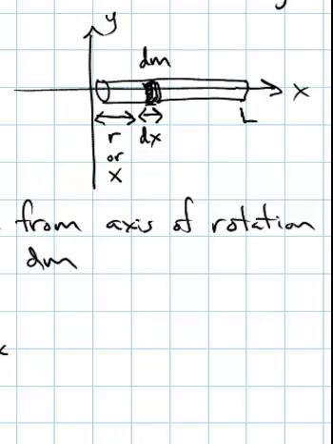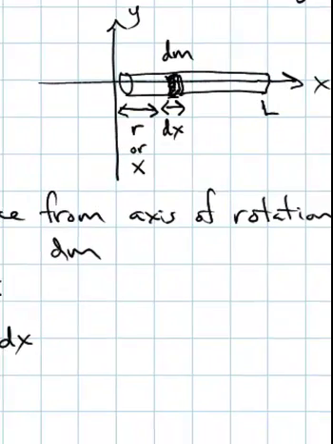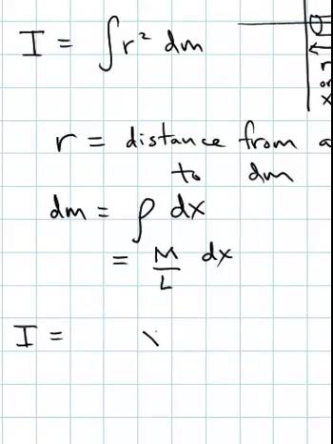So our integral in our coordinate system becomes, I'm going to replace r with x, so it's the integral of x squared, and dm I'm going to replace with m over L dx.